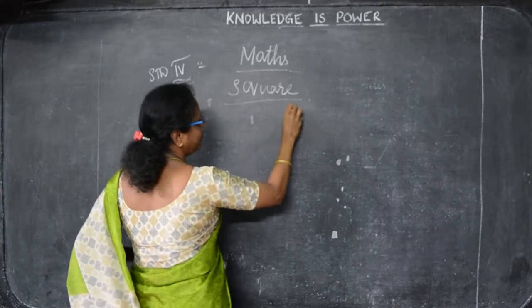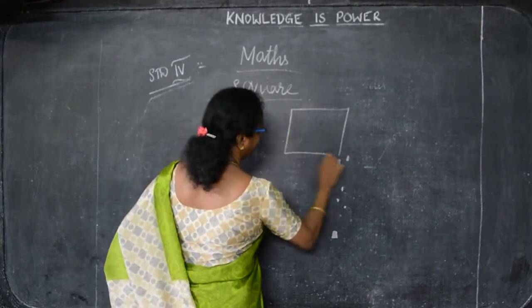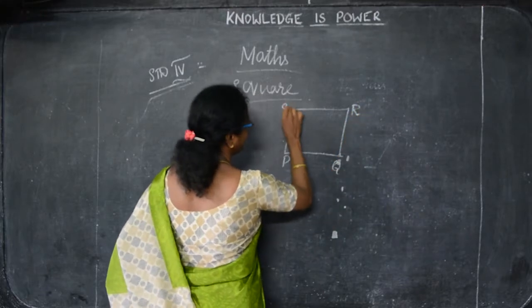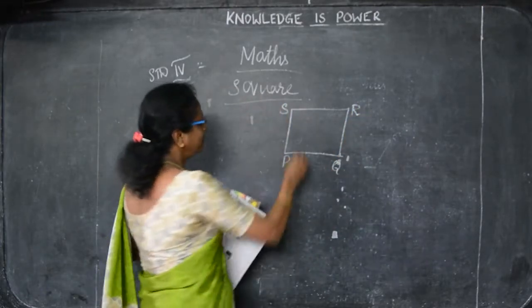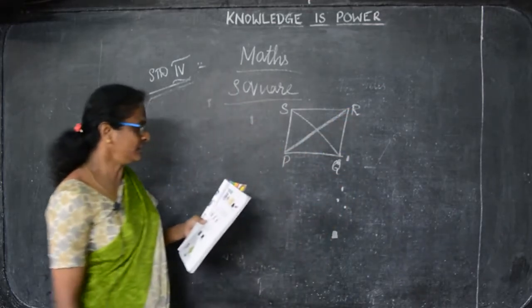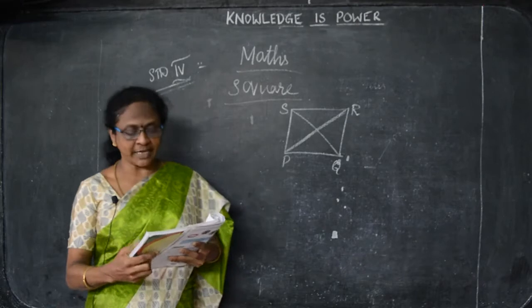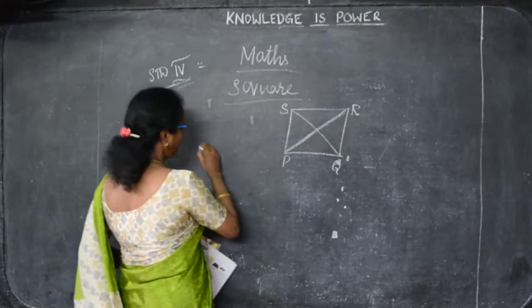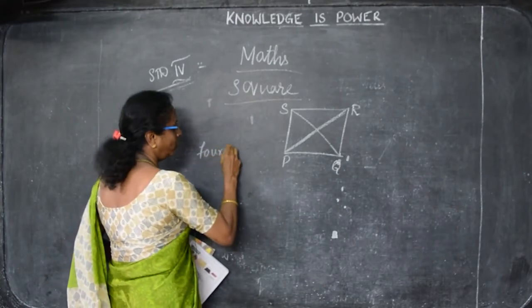Now, this is the figure of a square, and put the diagonals also. Now we write the sides, vertices, and diagonals of this closed figure. A square has four equal sides.